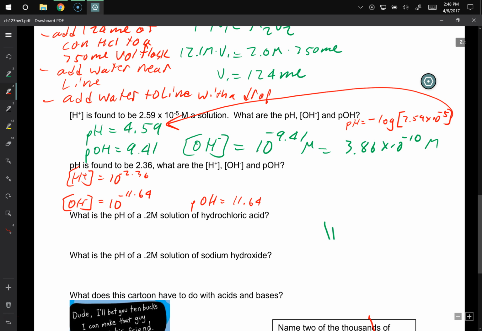Is that right? 13, 14? Yeah. Are we good with those? Again, if those decimal-placed exponents irritate you, you can just punch in 10 to the negative 2.36 and you'll get something times 10 to the negative third.